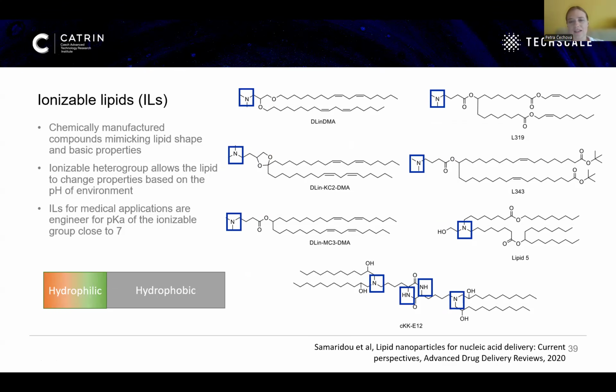And these lipids are engineered in a way that the nitrogen can change its charge around pH 6 to 7. So that's why they can be used at normal body pH.